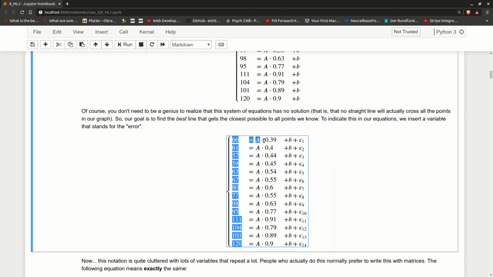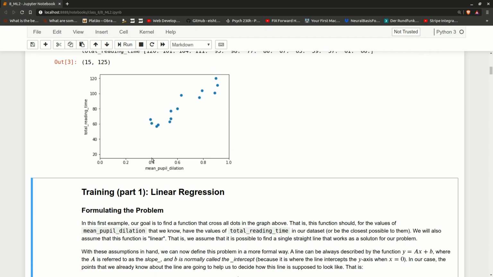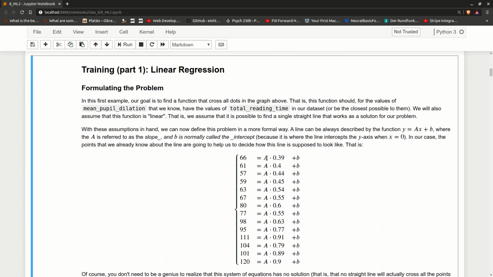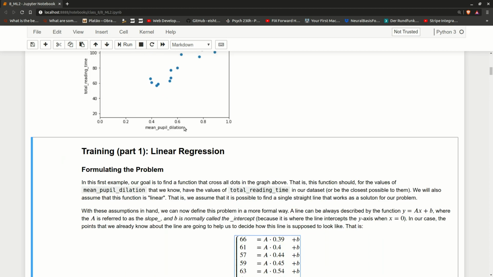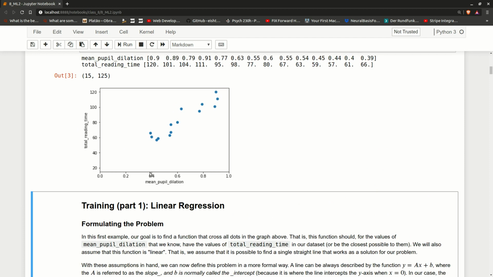So let's take this equation here, for example: 66 equals a times 0.39 plus b plus e1. 0.39 is here, and this point is 66.